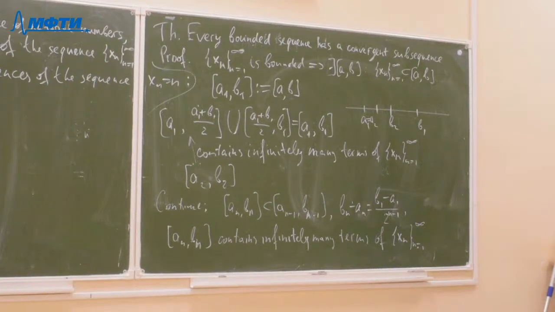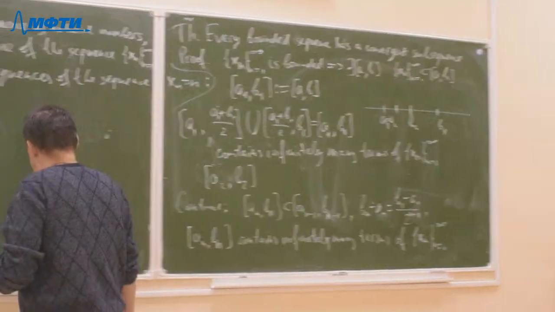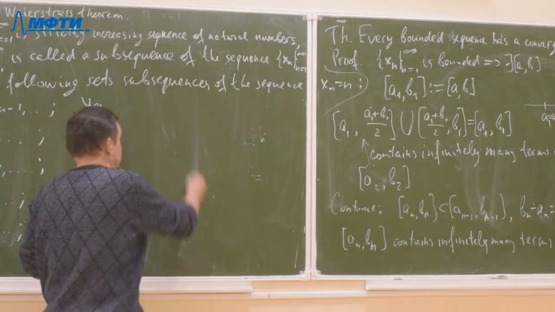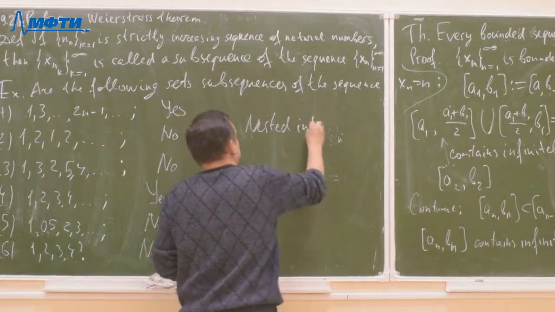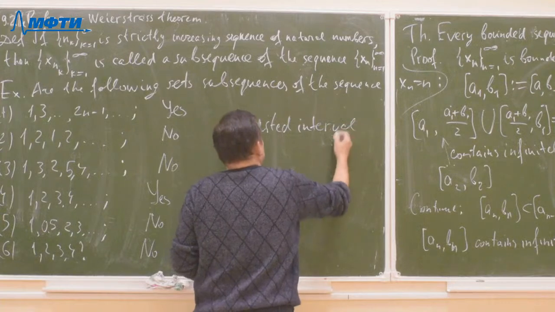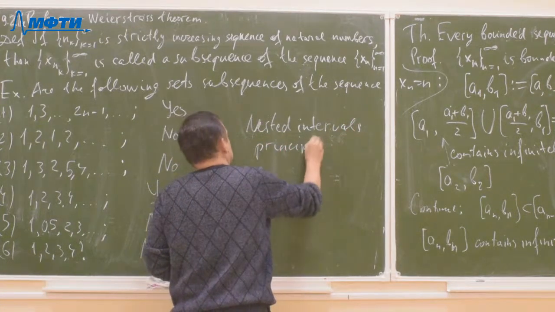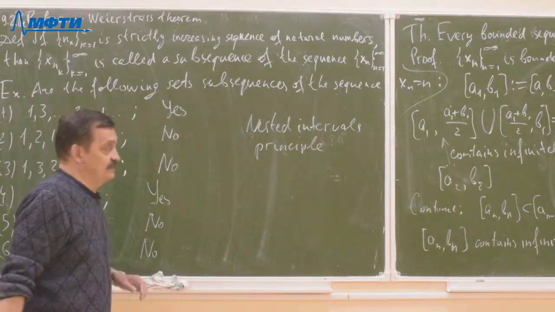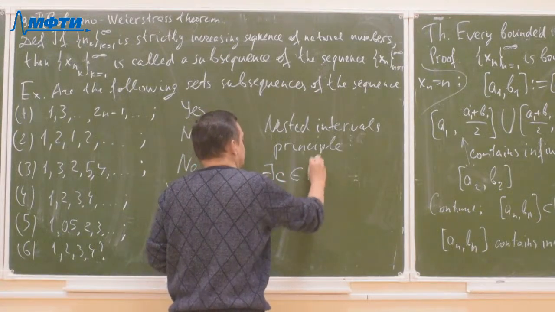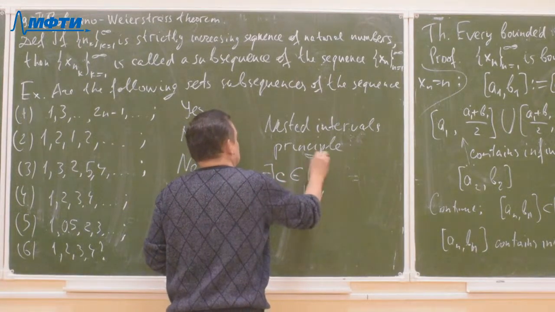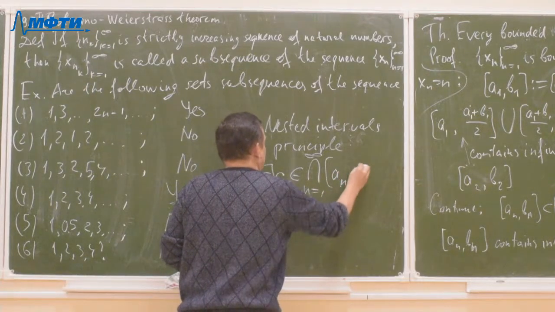Okay, then the nested intervals principle implies there exists a point C which belongs to the intersection of all intervals an, bn.